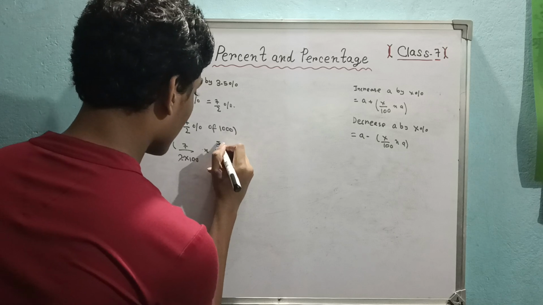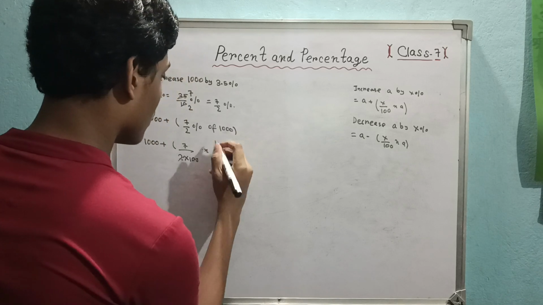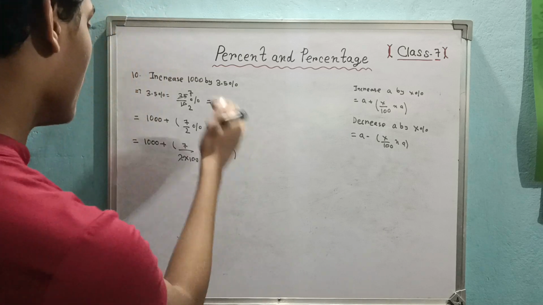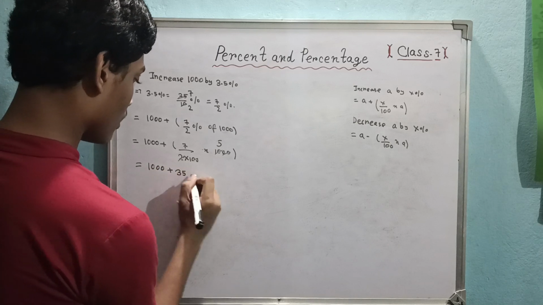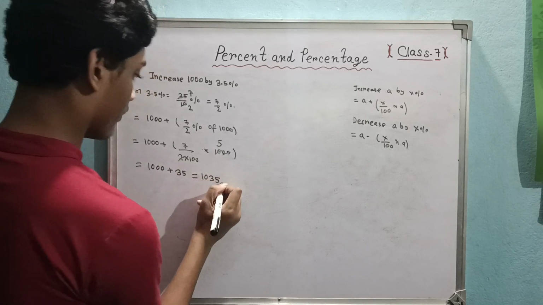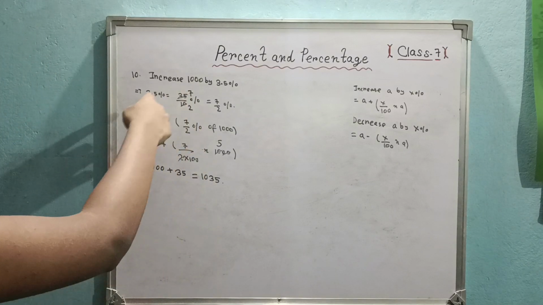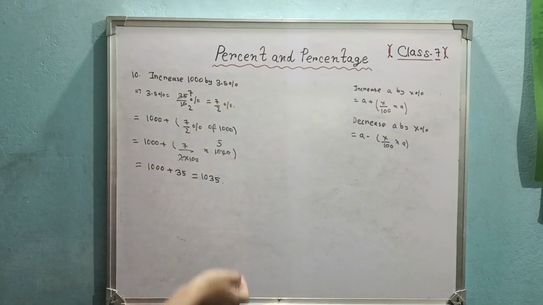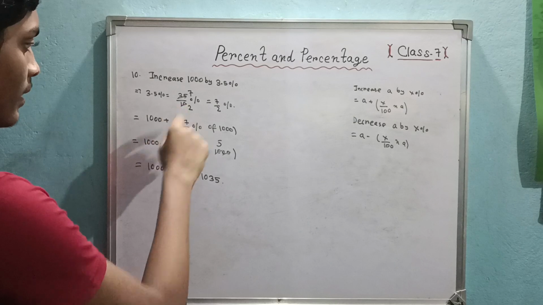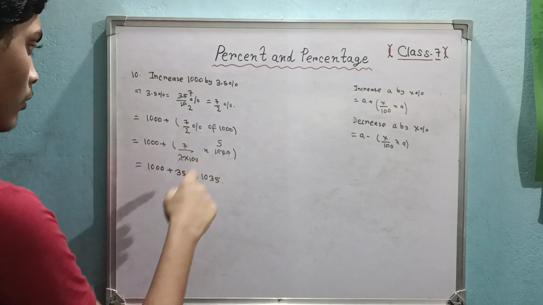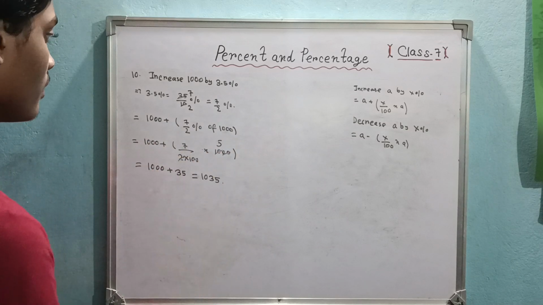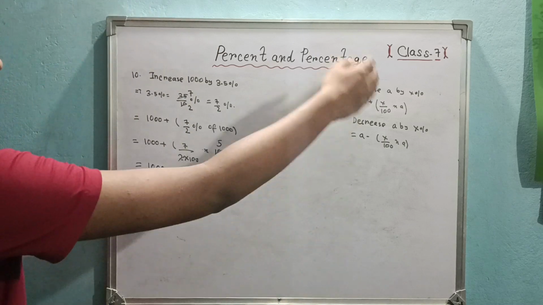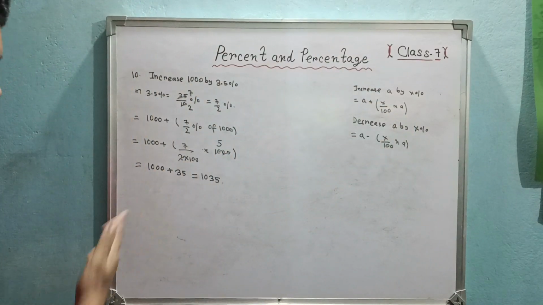We get 5. 7 5s are 35. We all know that this will be equal to 1000 plus 35, nothing else but 1035. So 3.5% equals 35 by 10%, 7 by 2%, converted into a fraction, much easier for you. That's it. Very easy. Remember these two formulas, and from there only you can solve these type of sums.